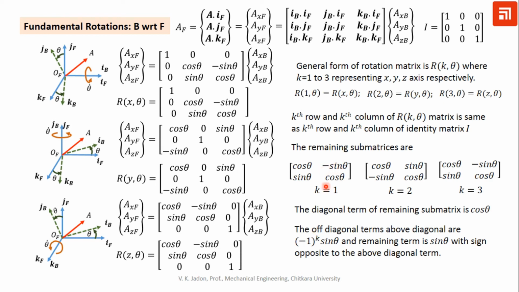So if k is 1, then minus 1 raised to power 1 is minus 1, so that is why it is minus sin theta, and the other is opposite to this. Here it is minus 1 squared, so it is plus 1, and the other term is negative of this. So that is how we can remember these rotation matrices.